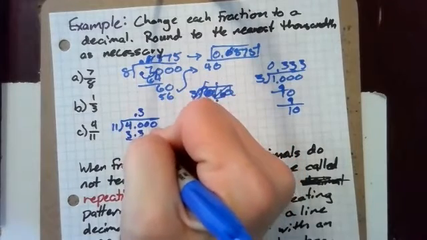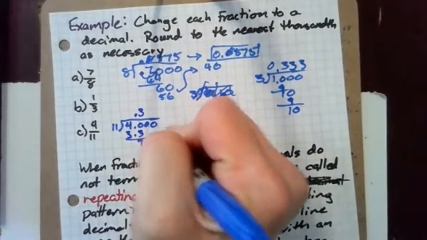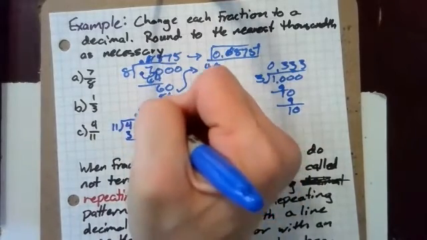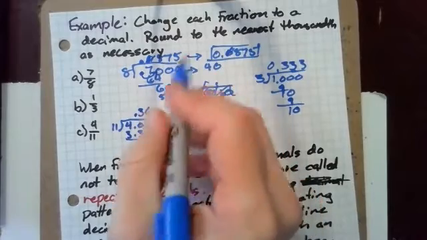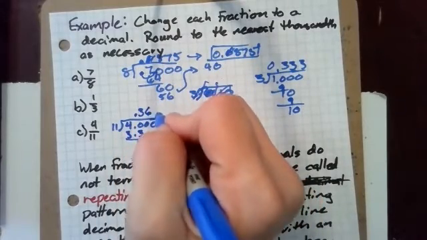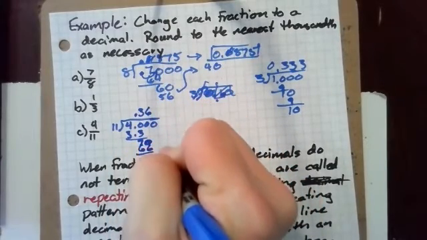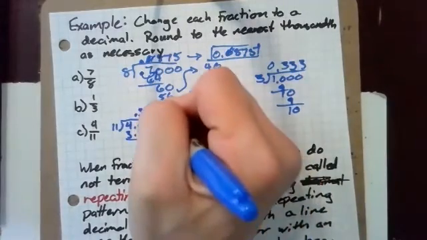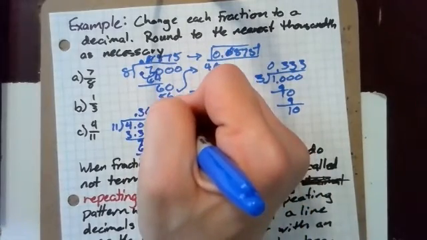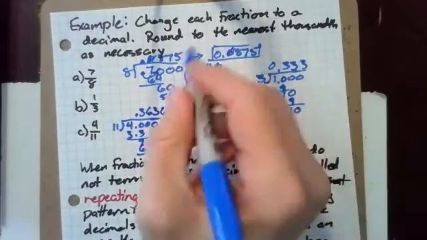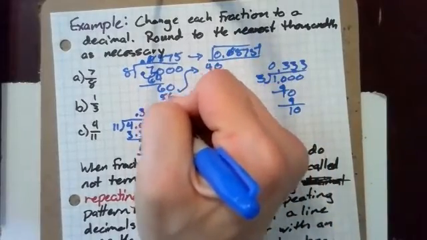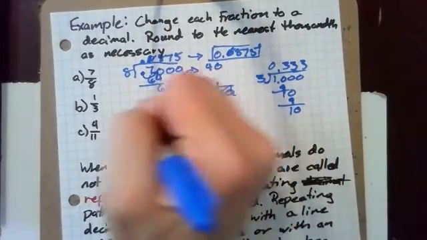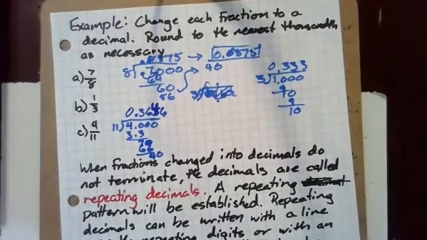So we subtract and we're left with a 7, 70. 11 goes into 70 6 times. 6 times 11 is 66, and we subtract and we get a 4, and we're going to repeat this. So it goes into 40 3 times, and it goes into 70 6 times, and we're going to round this. So that's 0.364.